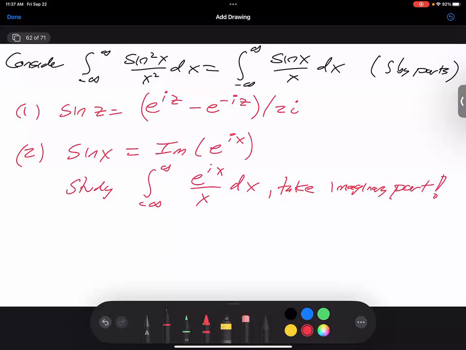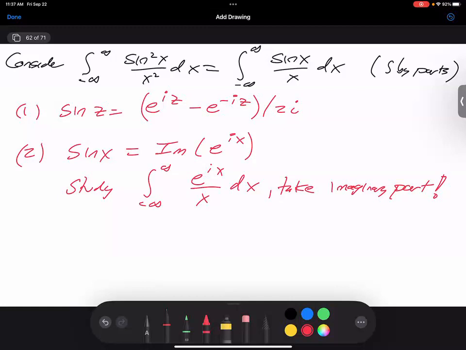Do you think this will work? Does taking the imaginary part of the whole integral equal taking just the integral of the imaginary part? Well, this is also going to have a real part. I'm just saying, just throw away the real part.